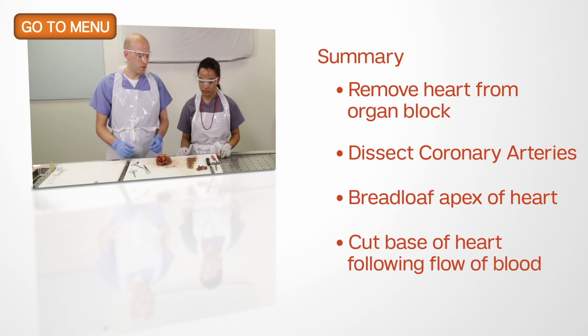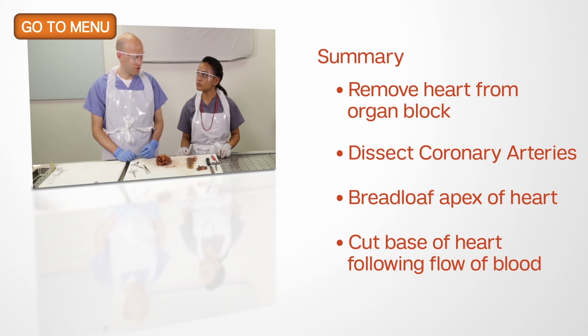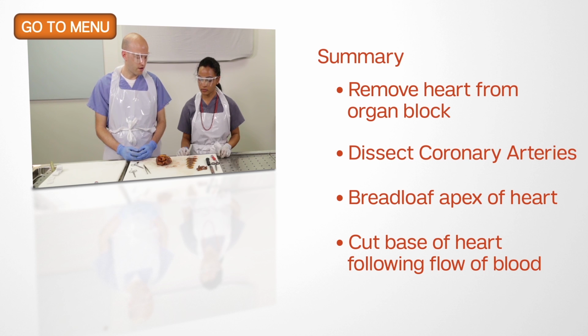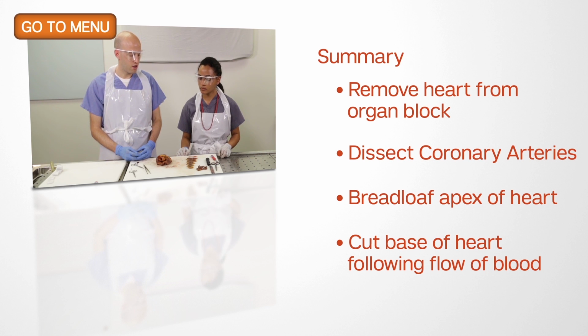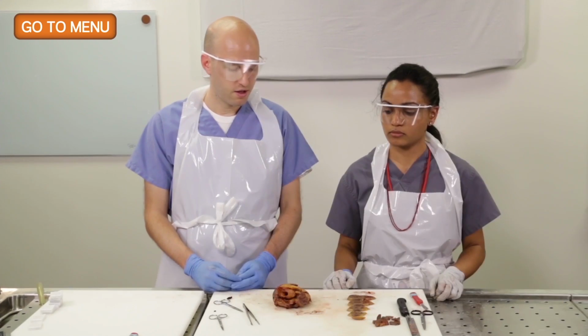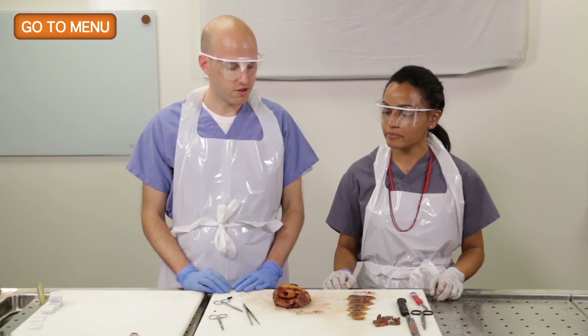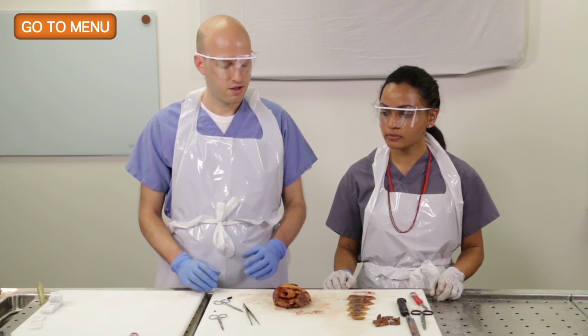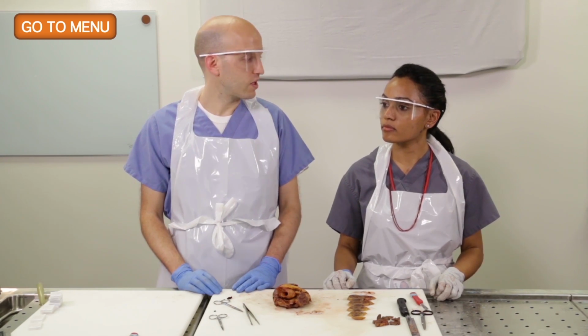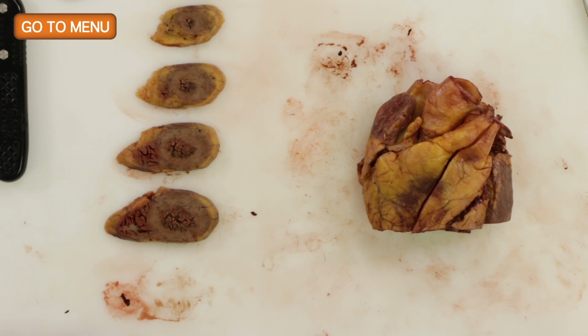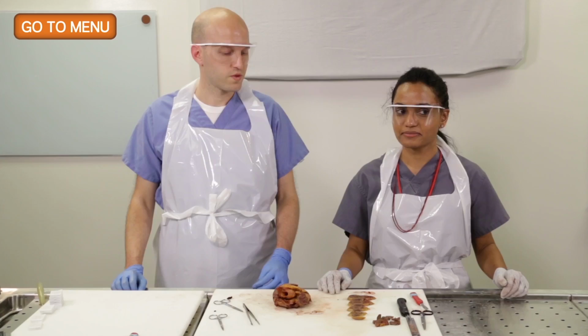And then we cut the rest of the base of the heart with a flow of blood, looking for any kind of valvular heart disease or atrial or ventricular septal defects. And in this case, we do not find any because that wasn't the cause of death. But in other cases, that is a significant cause of death. So it's an important portion of the autopsy.